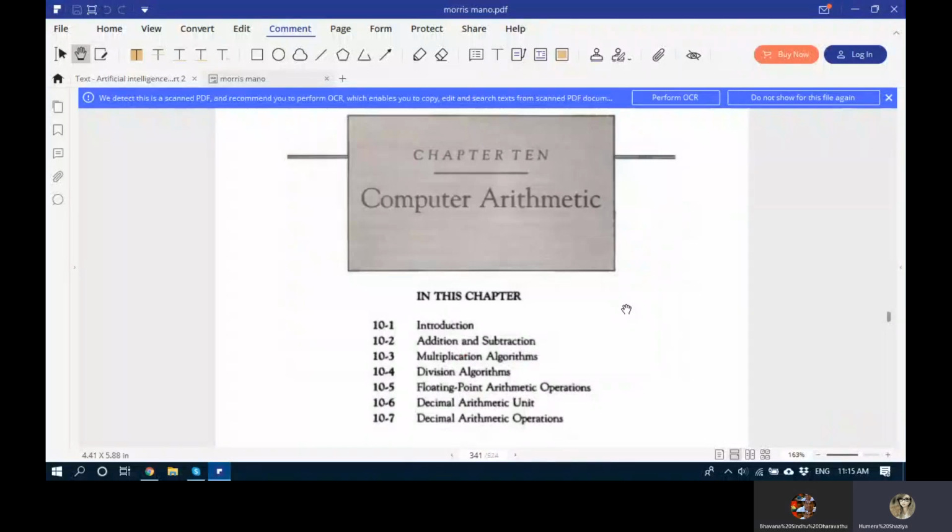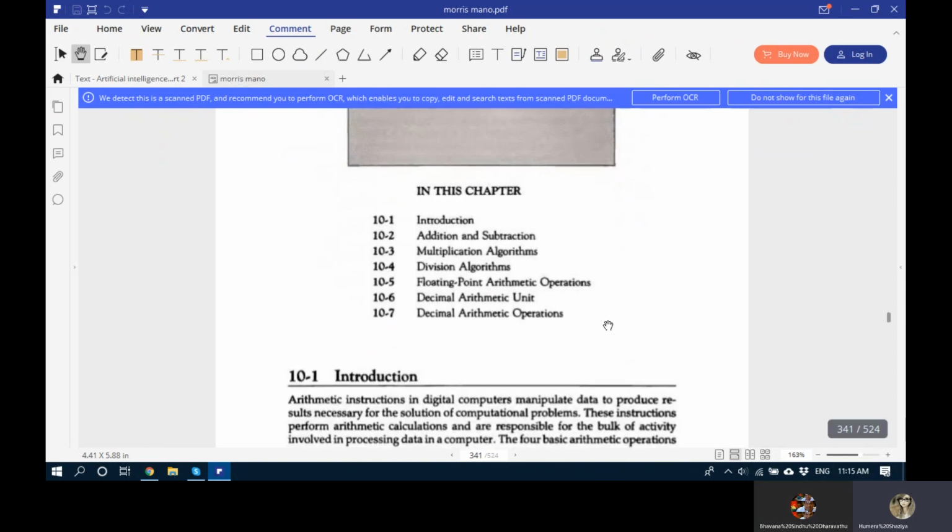Today we will look at computer arithmetic. In this chapter, we have addition, subtraction, multiplication, division, and floating point arithmetic operation. Decimal arithmetic unit and decimal arithmetic operations are not in the syllabus.